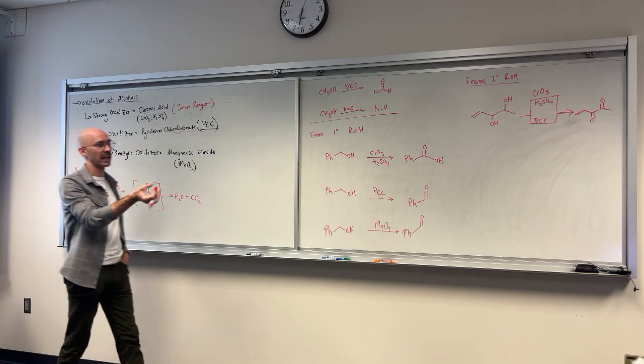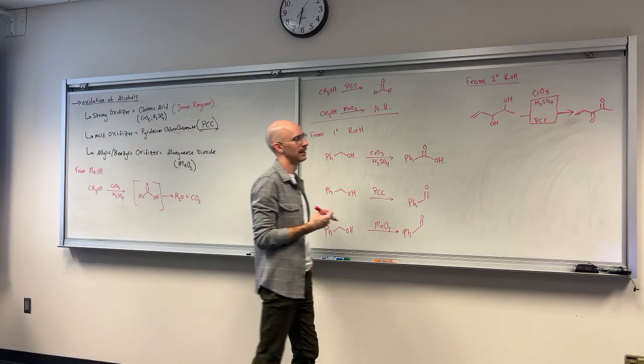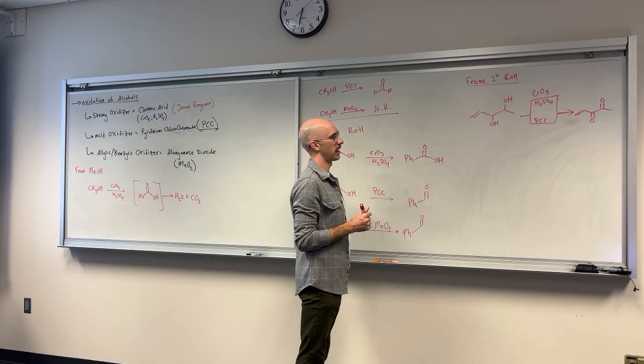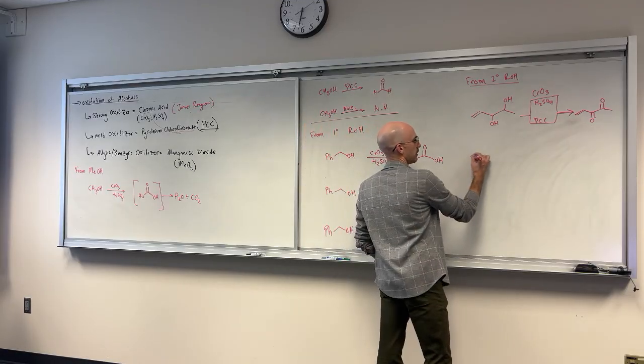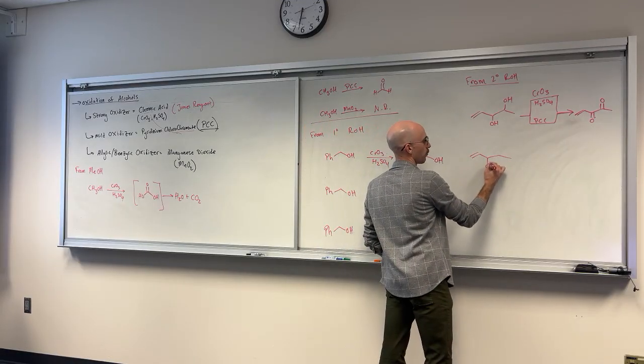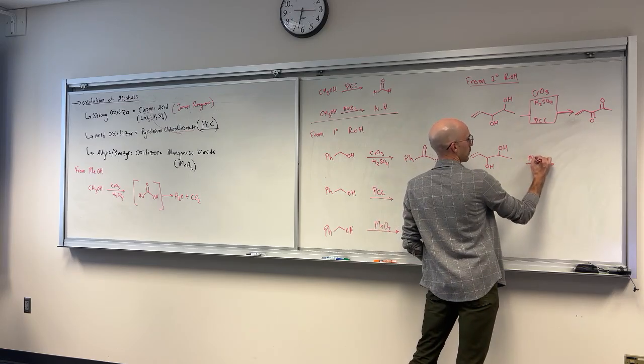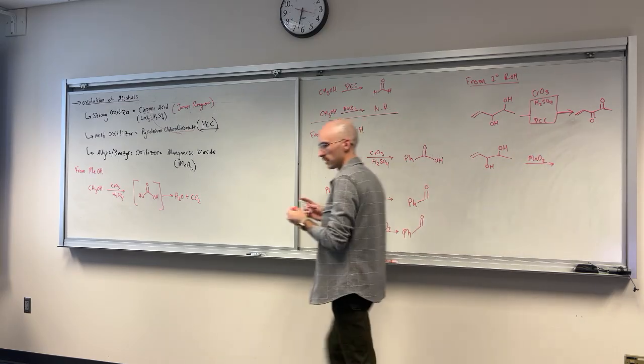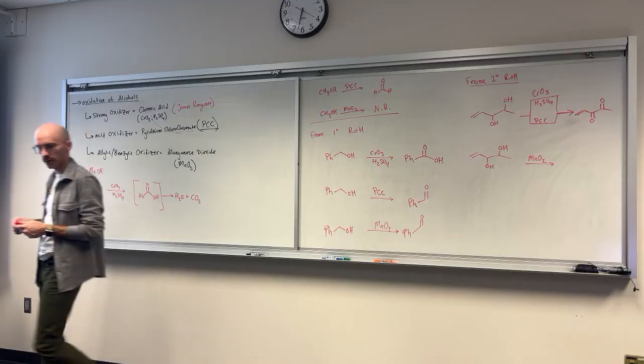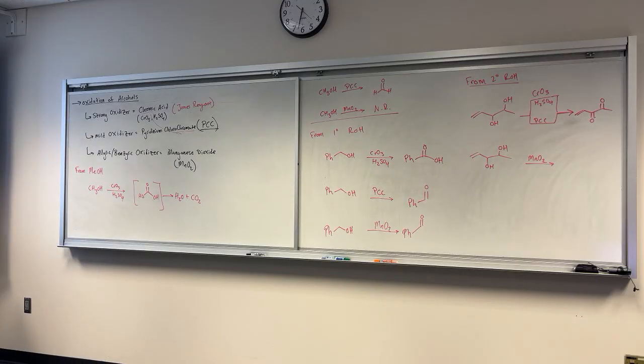PCC is only good at oxidizing one hydrogen. All it has is one hydrogen. This same reagent, when reacted with MnO2, can you predict the product? Does it make a ring?